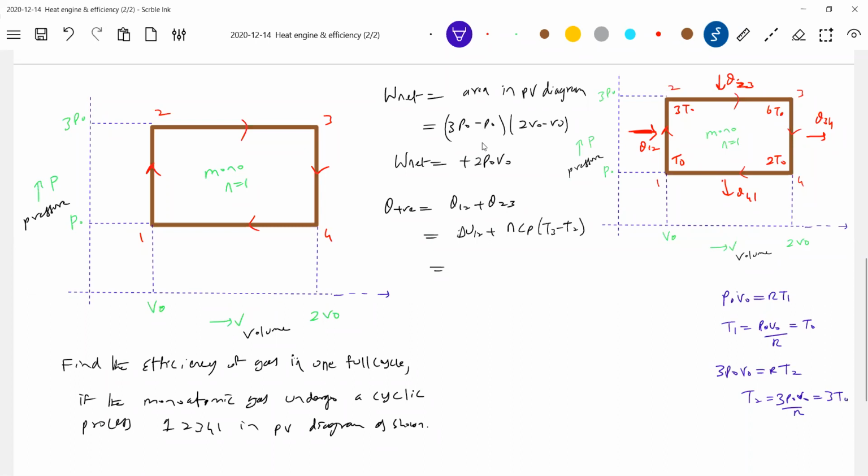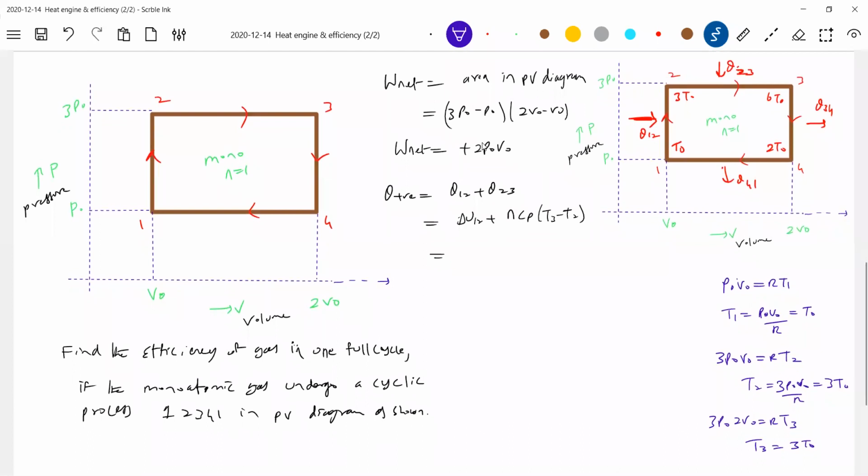Shall we go for symbols like this? This will be much easier. At 3, 3 P naught, 2 V naught, R T3. And finally, okay, I'm just giving symbols like this.